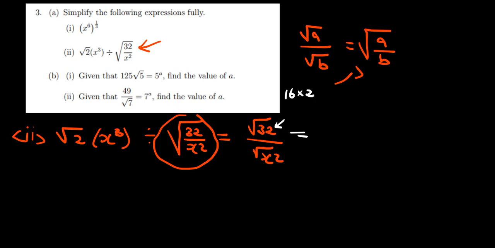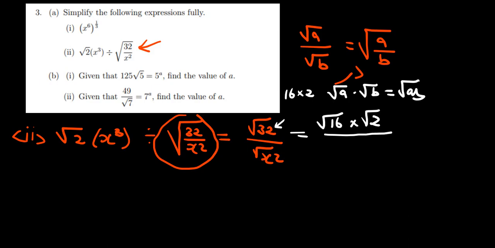So that 32 becomes the root of 16 multiplied by the root of 2. We can do this because if we have the root of a multiplied by the root of b, that is the same as the root of ab. No wonder we're able to separate this 32. And then we're dividing all this by the square root of x squared, which will just be x.